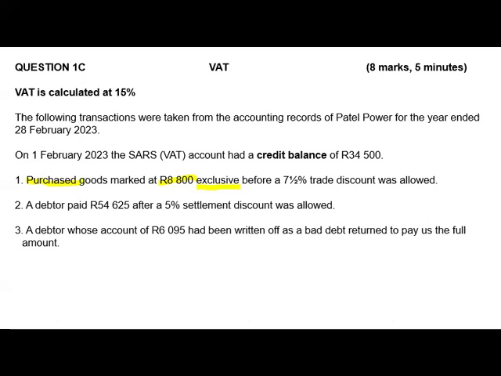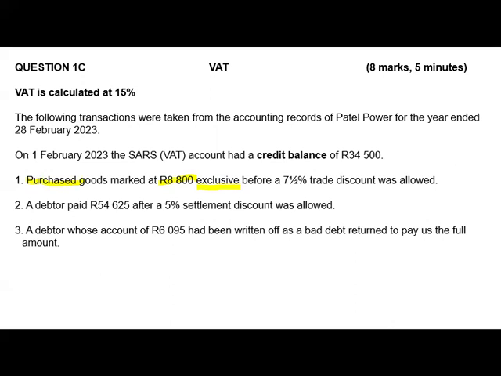So VAT input will be calculated on 8,800 less the trade discount. It's always what you paid for that product or what it was invoiced to you for that specific product, which is the cost price in essence, all right? VAT input will be calculated on the cost price. And here the cost price for us will be that 8,800.